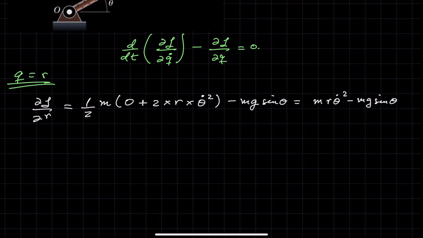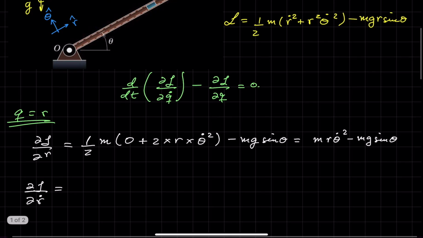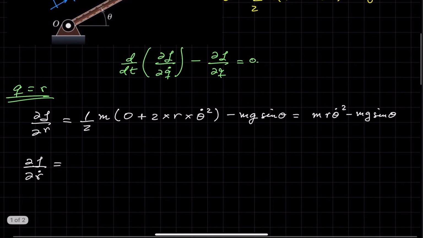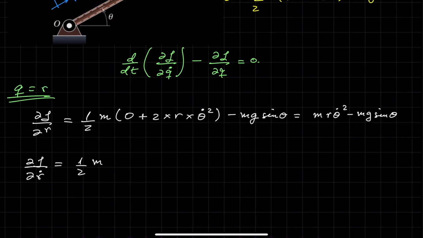Okay, then we take the derivative with respect to velocity, and r dot just appears right here. So we're going to have 1/2 of m times 2 r dot, so it's m r dot. And from this we take the derivative with respect to time, and we have m r double dot.